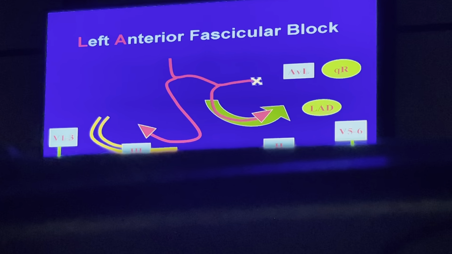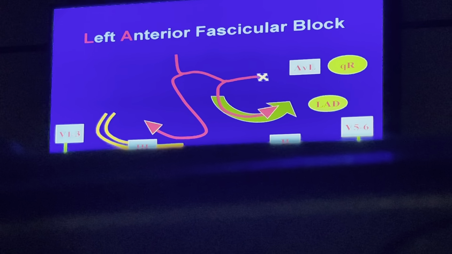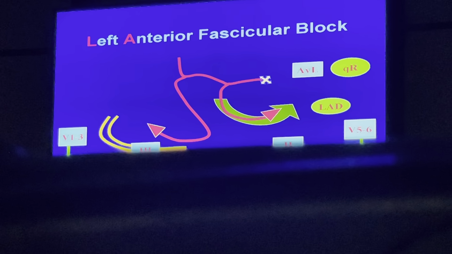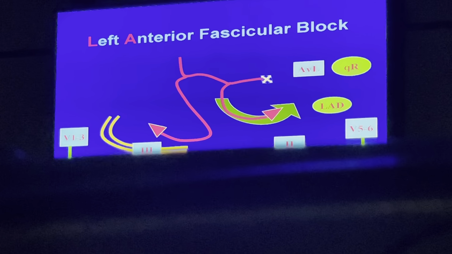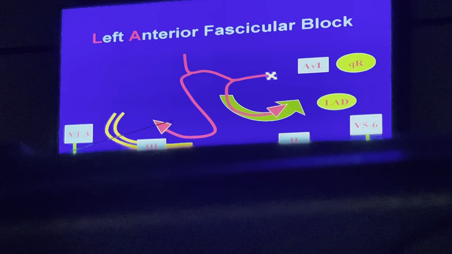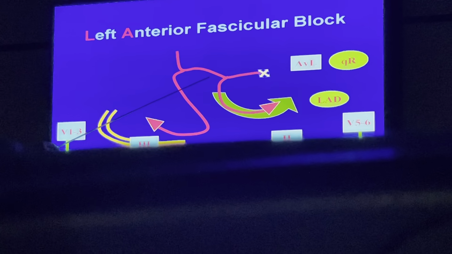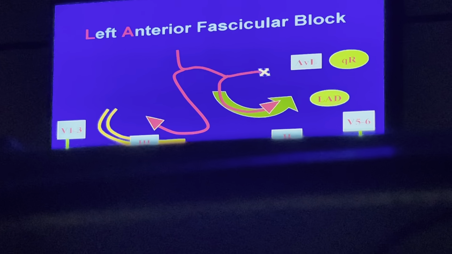One thing is the fascicular blocks. So actually what are the fascicles? Most of the time we take axis deviation and the fascicular block as the same thing, but actually they are not. In the left bundle there are two fascicles. One is the left anterior fascicle, the other one is the left posterior fascicle.